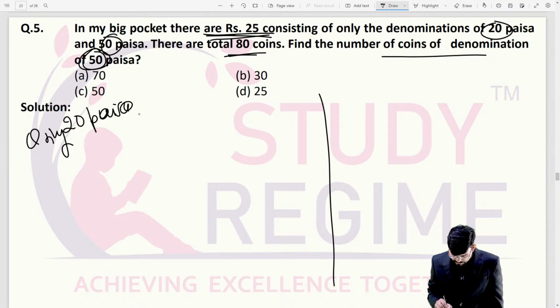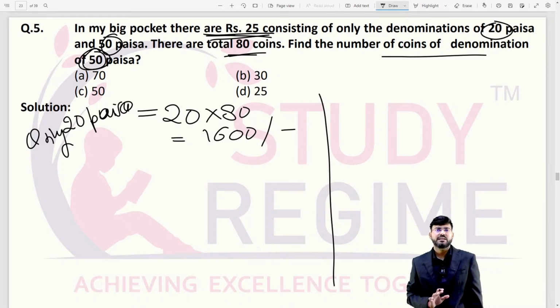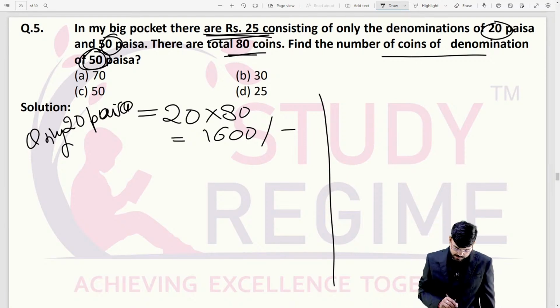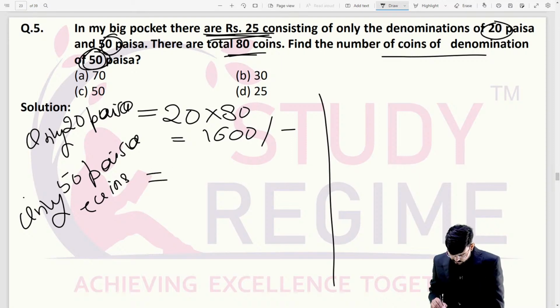So how much money will I have? 20 into 80, you will get 1600 paisa. Now next, if I have only 50 paisa coins, then I will calculate 50 into 80, I will get 4000.